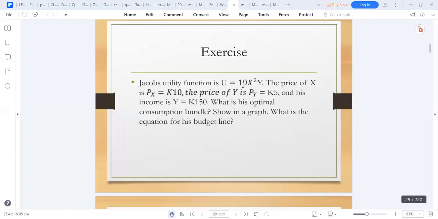Cobb-Douglas function is given by 10x squared y. The price of good x is 10. Price of good y is 5 kwacha. And the income is 150. We're asked to show the optimal combination. So let's quickly try together, although this will be homework.